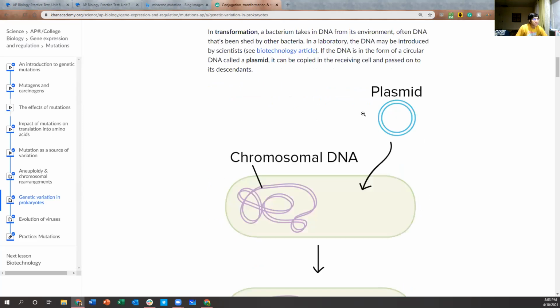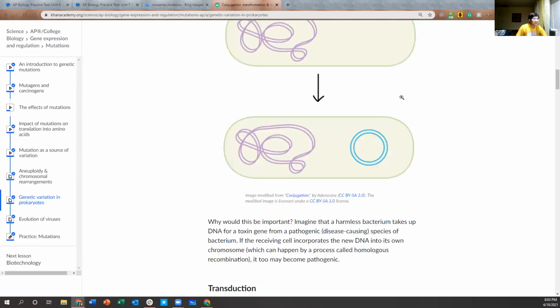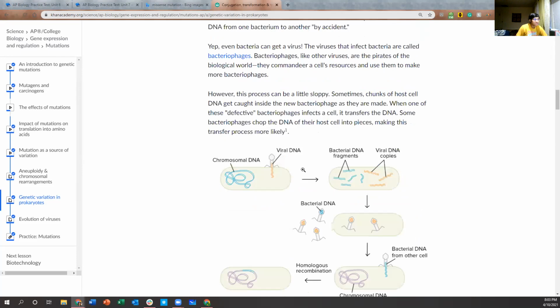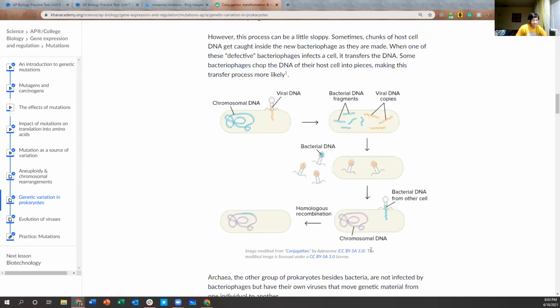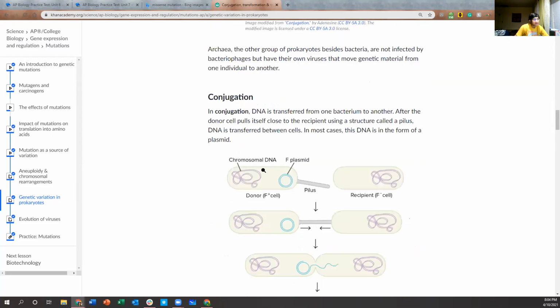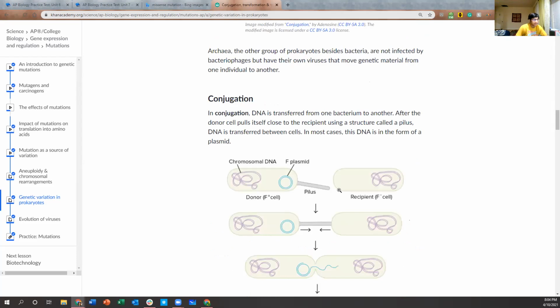Yeah, transformation, that makes sense. So you just have DNA outside and that comes in. Transduction is where you have this viral DNA that's coming in, and now the viral DNA copies that, and the virus might have actually taken some of the host DNA and then injected somewhere else. So it's essentially how DNA is transferred from one bacteria to another, but it's through a virus rather than directly through pili.